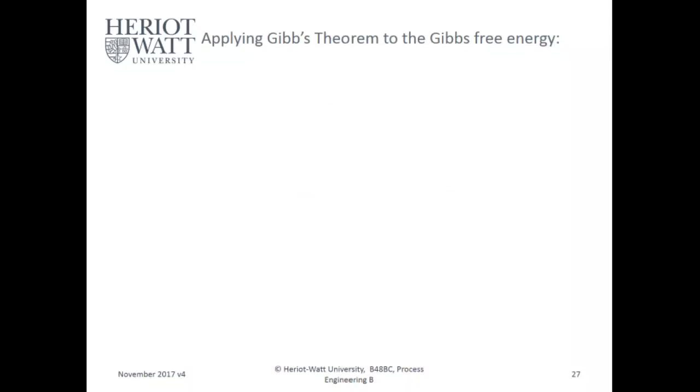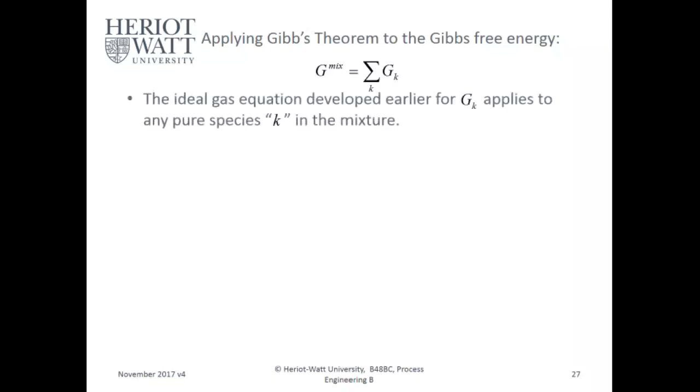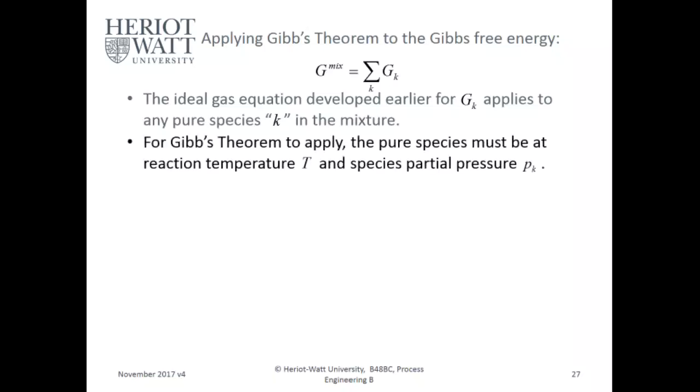Applying Gibbs theorem to the Gibbs free energy, G mix equals the sum of Gk over k. The ideal gas equation developed earlier for Gk applies to any pure species k in the mixture. And for Gibbs theorem to apply, the pure species must be at the reaction temperature T and the species partial pressure Pk. Therefore, Gk equals the initial Gk plus nk RT log of Pk over P0. k refers to that specific pure component.